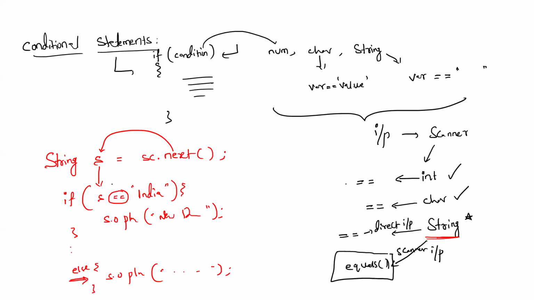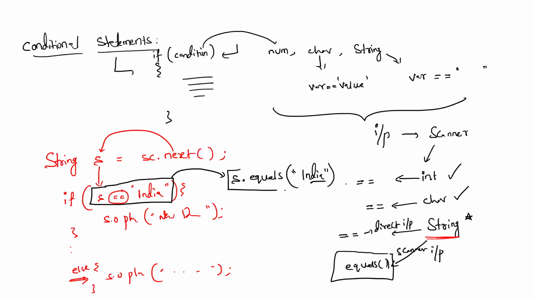What do I mean? In place of this comparison or Boolean expression, we write our object variable, dot equals, which is one method. Here we give India in double quotes because it's a string value. This is the replacement for the condition, and it will work in every scenario, whether you give direct input or Scanner class input.